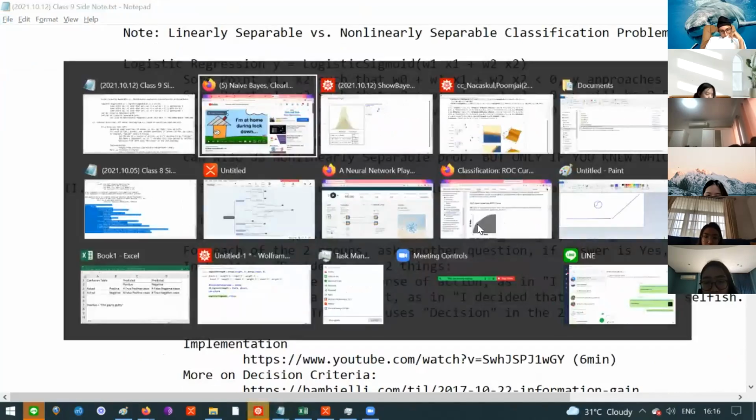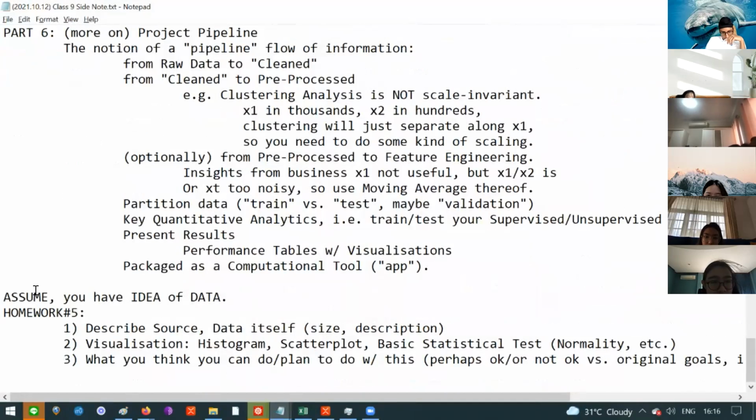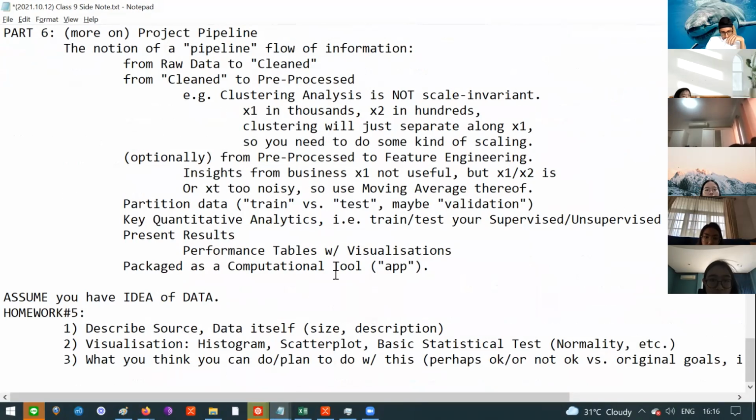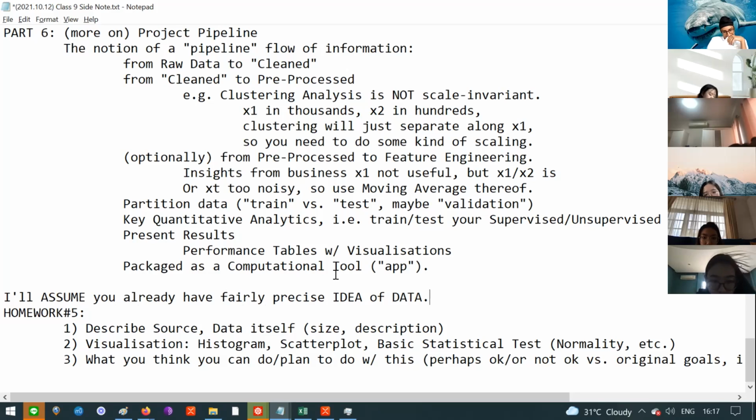So you guys have any question about the homework? I will assume we already have a fairly precise idea of data, use homework 5.